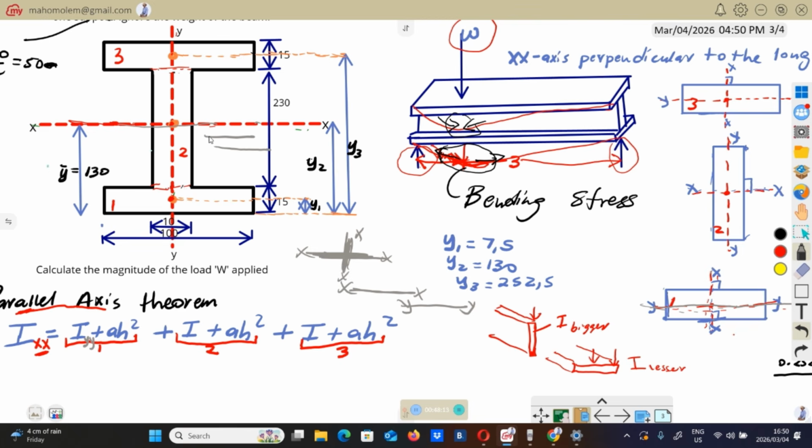We don't want the perpendicular one, we want the horizontal. So that means we're going to use the horizontal axis. This x-axis is parallel to this x-axis. So for number 2, the axis parallel to this XX line is going to be this one. That's why I'm going to write XX.